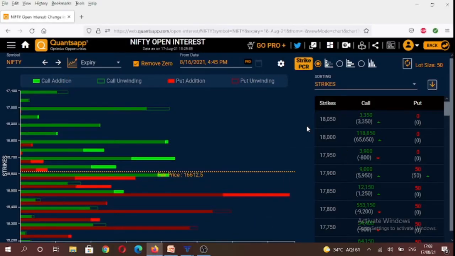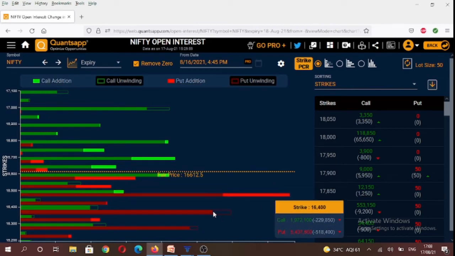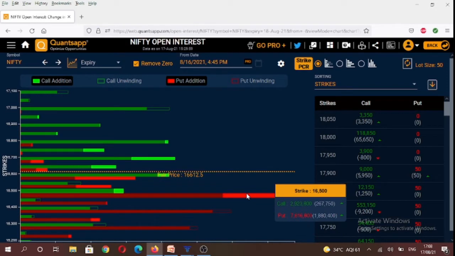So for the 18th August weekly expiry contract, that is Wednesday, this contract would be expiring as on Thursday there is a trading holiday. If you see the overall open interest data, you will see that the highest amount of open interest in puts is currently at 16,500 strike, followed by 16,400 strike. So going forward, 16,400 and 16,500 are likely to act as a strong support.